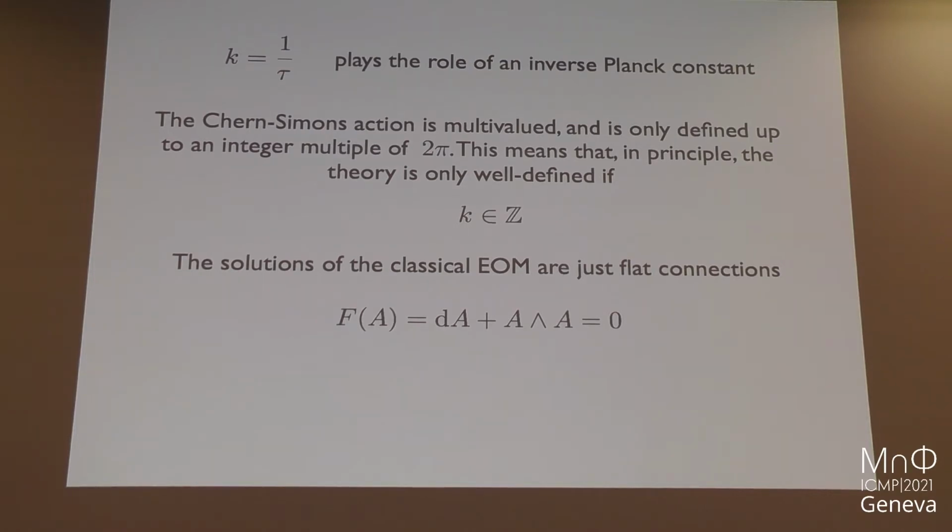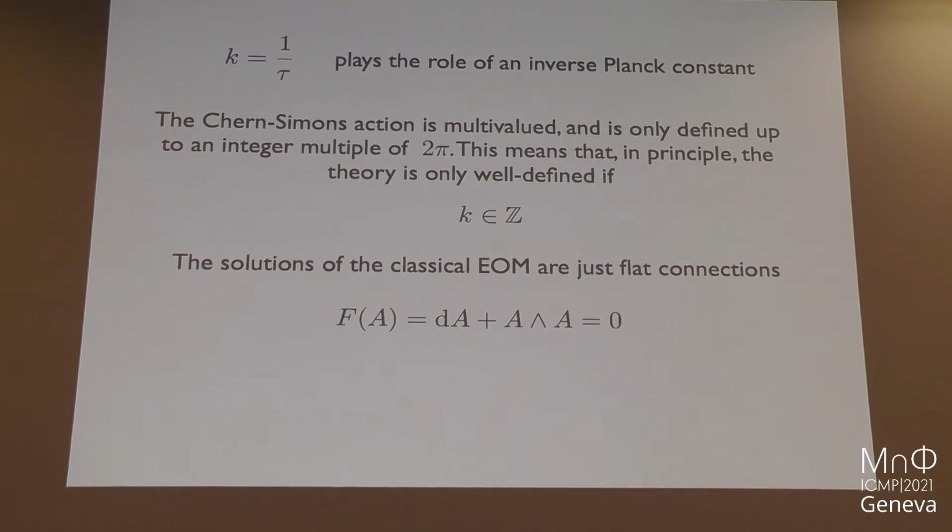Now, there is an additional thing that is important in this theory, which is what are the classical solutions of the equations of motion. Now, in Yang-Mills theory, these are relatively complicated equations, but actually in Chern-Simons theory, the classical equations of motion are very simple. These are connections which are flat, for which the field strength F of A is 0. And these are much more geometric because they have a direct geometric interpretation.